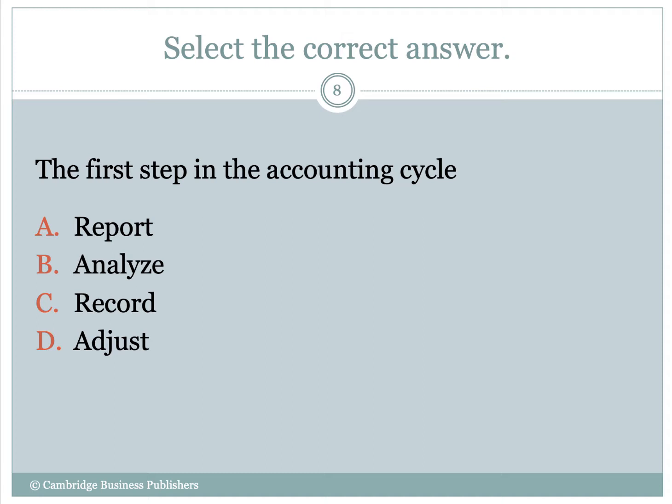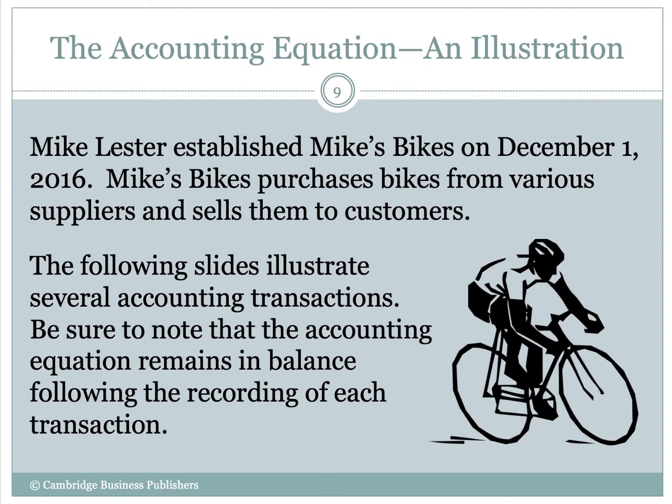So the first step in the accounting cycle, hopefully everybody's reading this and says, oh, it has to be B. I got to analyze the transaction first. So let's look at a little illustration of the accounting equation. Michael Lester established Mike's Bikes on December 1st, 2016.